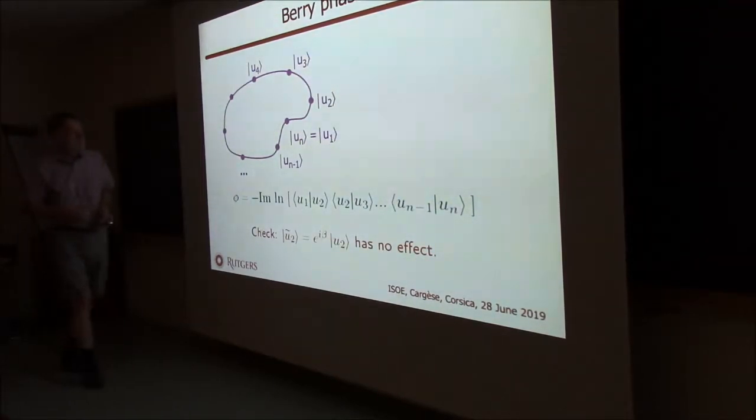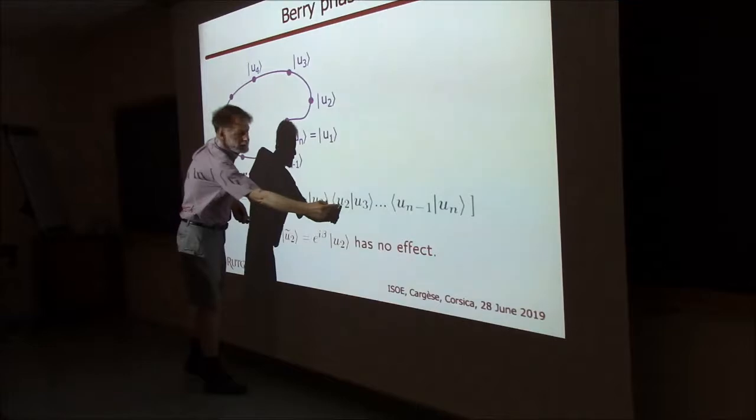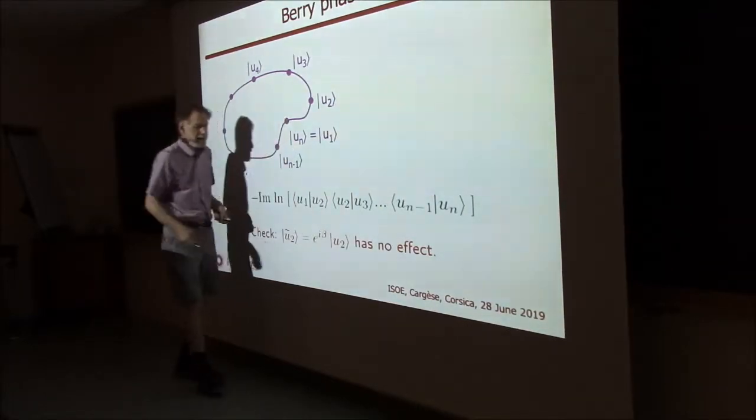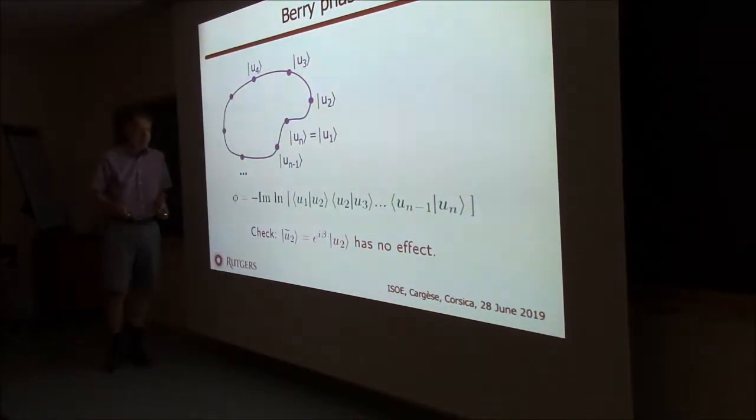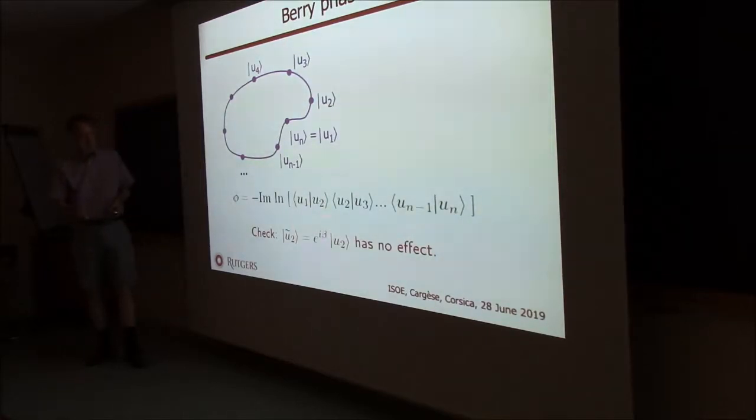Well, of course, no, because u2 appears once as a bra and once as a ket. When it appears as a ket, it has this phase, but as a bra, it has e to the minus i beta, and those cancel out. And so this gauge twist, or any set of gauge twists on all of these wave functions, has no effect on this overall object here, which is the Berry phase.